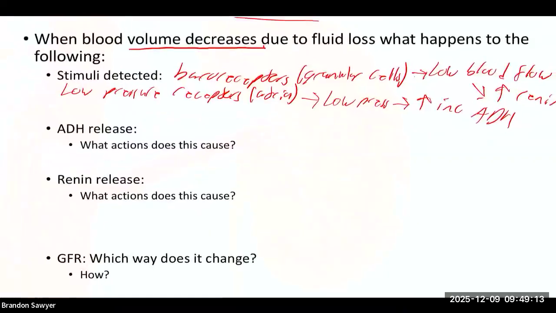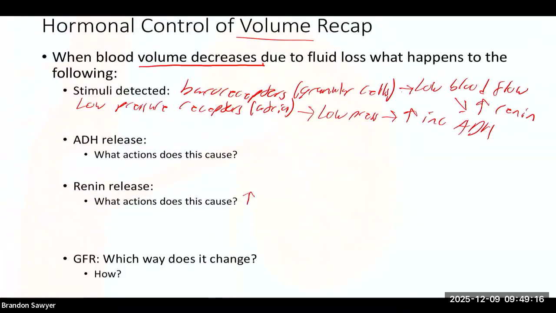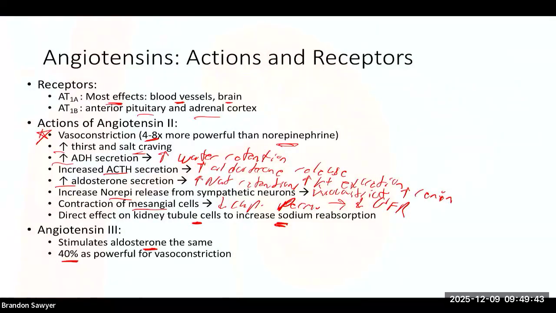Overall, we're going to get an increase in angiotensin 2, and an increase in aldosterone, which is really caused by the angiotensin 2. It's probably easier to take a peek back at the angiotensin 2 slide instead of me trying to cram all that in there, because there are so many actions. So let's just review those.